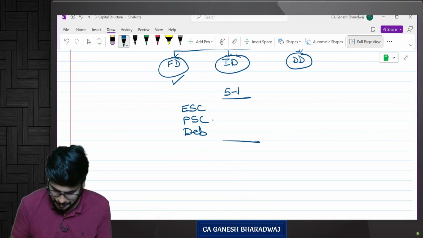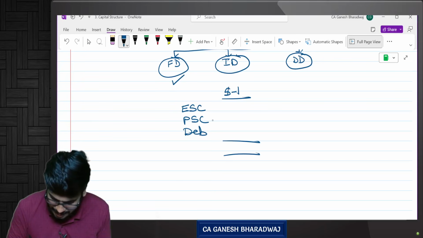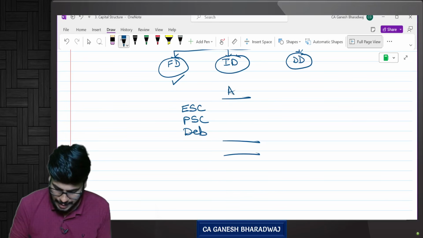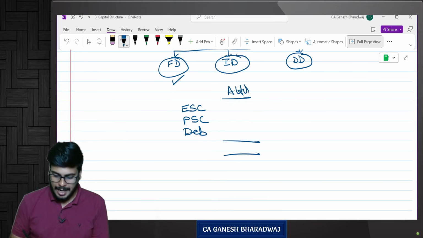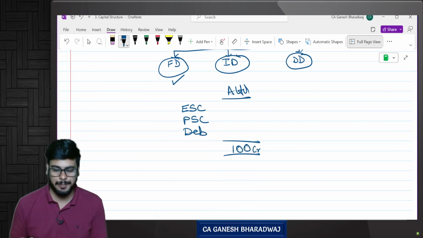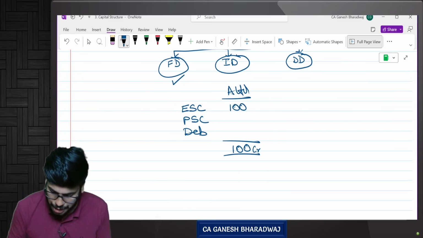Just an example. Let's say this is A limited. A limited has raised a total of, let us say, 100 crores, and the entire 100 crores they have raised from equity share capital.